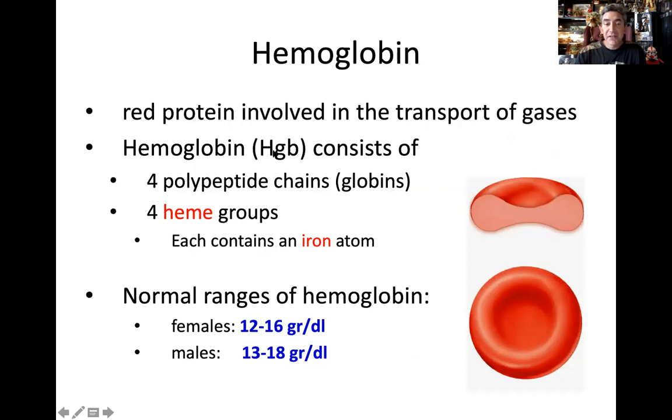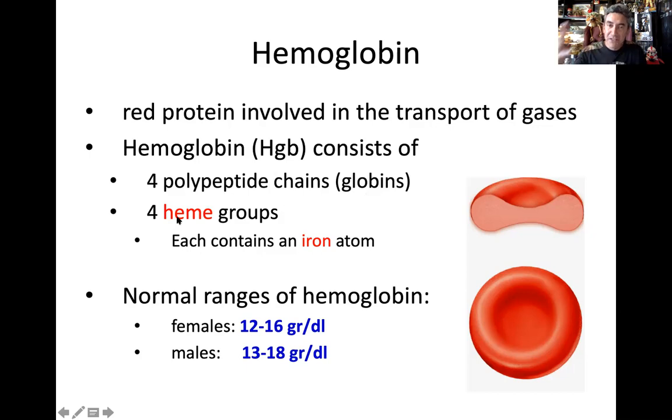Hemoglobin consists of basically 4 parts: 4 globin chains. Globins are a fancy way of saying polypeptides, which is a fancy way of saying protein. So there are 4 protein chains, all these weird, convoluted protein chains. Within the center of each globin, we have a heme.